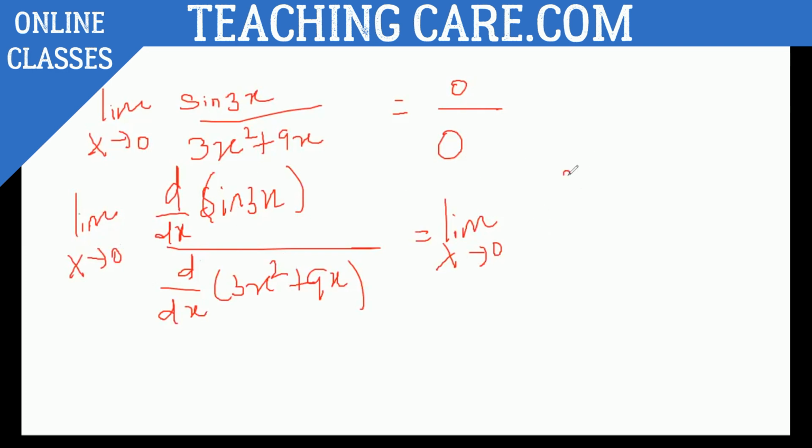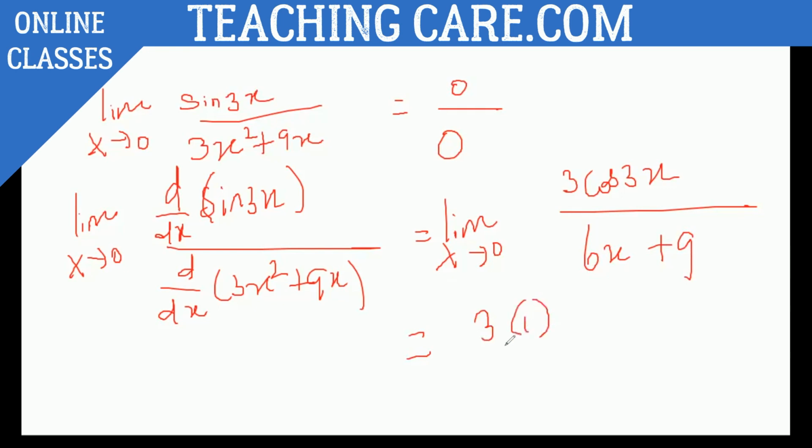Just differentiate this. This will be 3 cosine of 3x divided by 6x plus 9. Apply the limit: it will be 3, cosine of 0 will be 1, and this will be 9. So it will be 1 upon 3. Got my point?